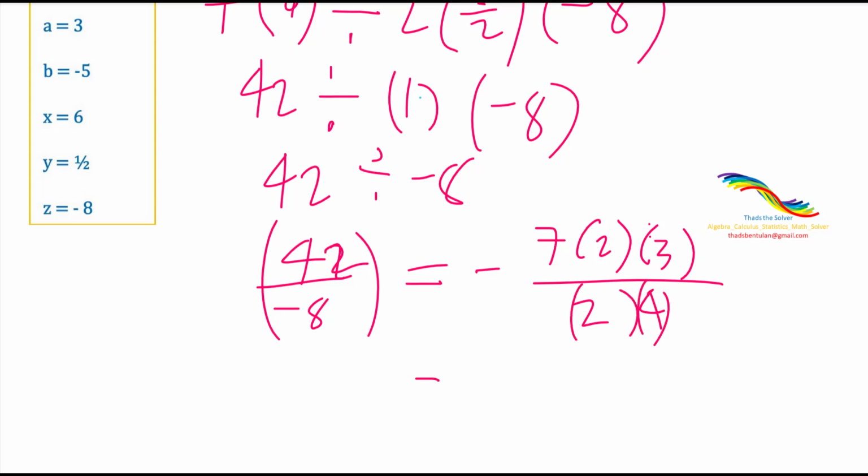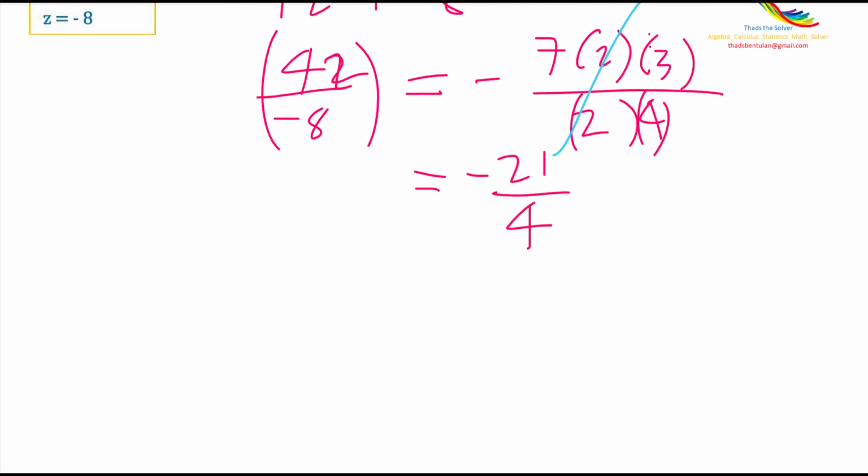So you can cancel out the 2, because 2 over 2 is equal to 1, so we can simplify this to negative 21 over 4, and obviously that is equal to negative 5 and 1/4.